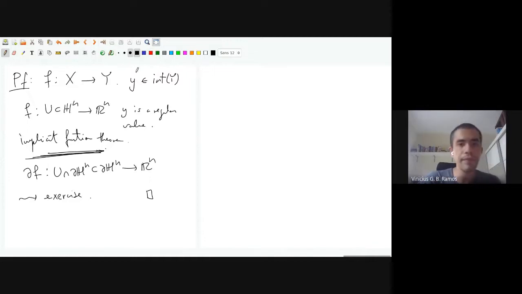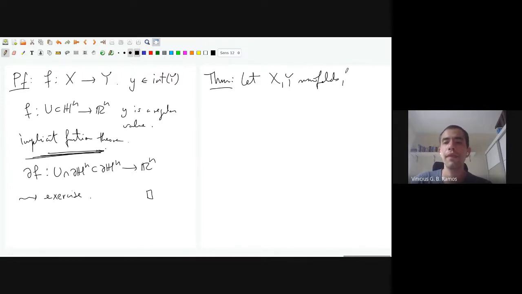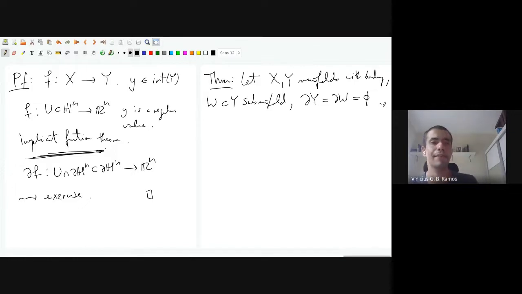So the theorem that I actually do want to talk about now is, again, we have X and Y manifolds, and we have W, a submanifold of Y. And we actually want to assume that neither W nor Y have boundary. So the only one really that has boundary is X.